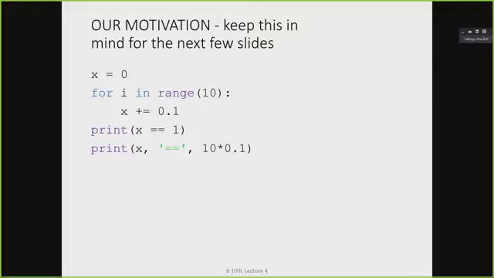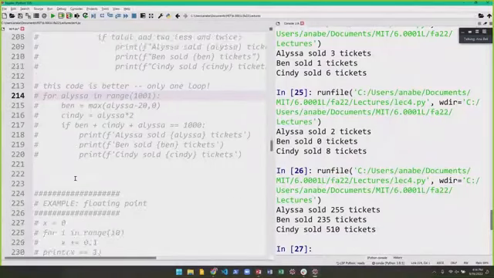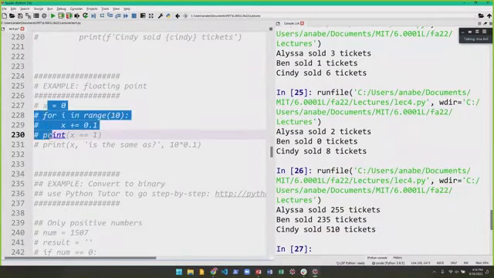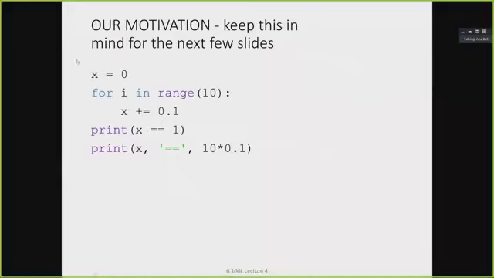So here's an example of some code. It's exactly what's in the slides. I've got an integer x, and all I'm doing in this code is I have a loop through range 10. So that means it's going to loop through 10 times, and I'm adding 0.1 10 times. So 0.1 plus 0.1 plus 0.1, 10 times.